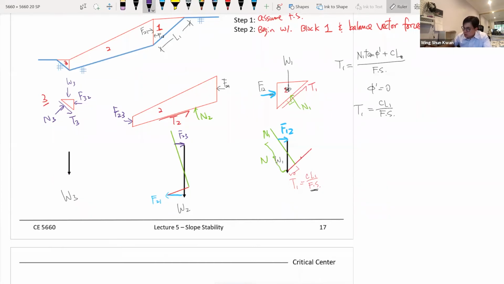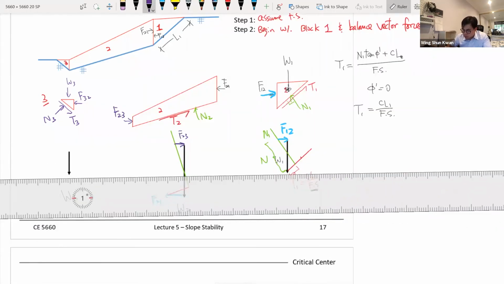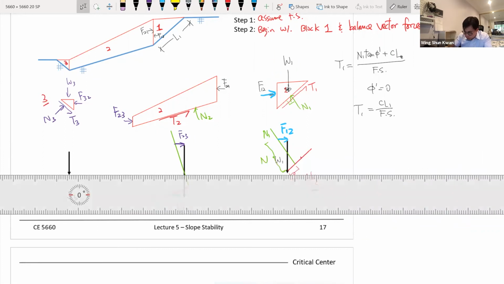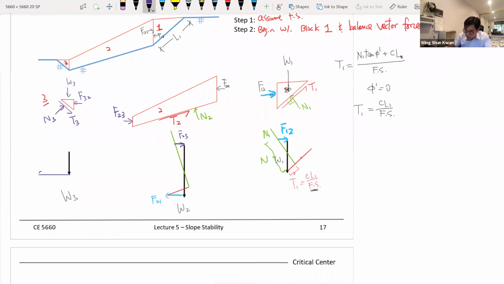This T needs to be a little bit longer, I mean this internal force. Everything needs to be in scale and proportion. If your weight is this much, your F needs to represent the same scale as the weight. So this is F32. Let me use consistent color.